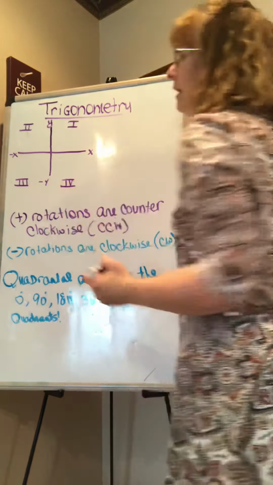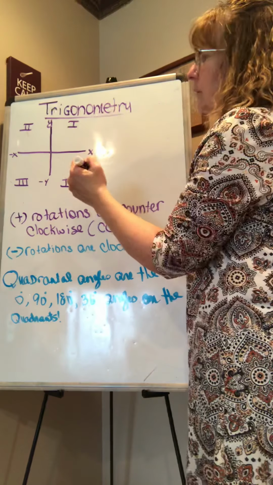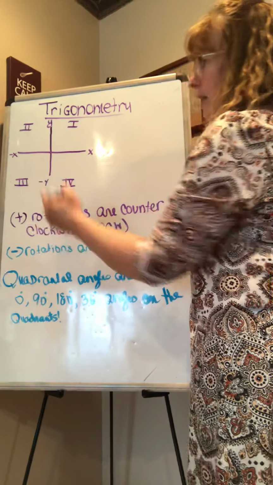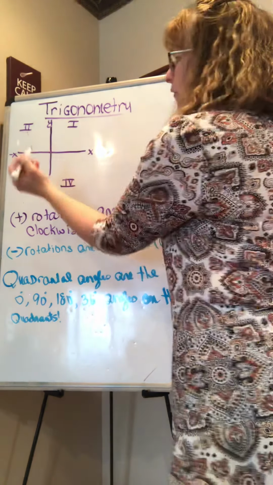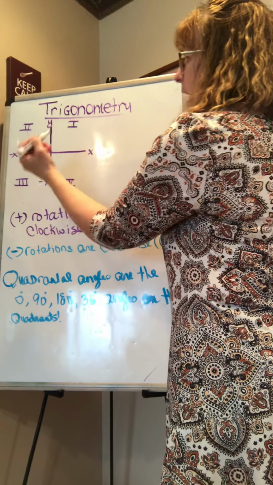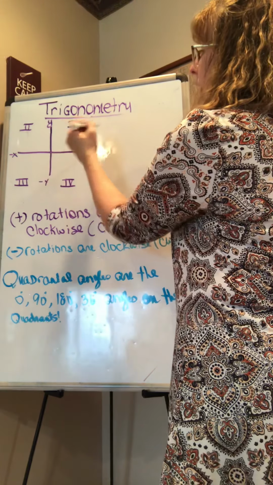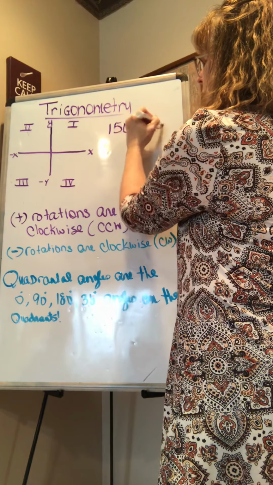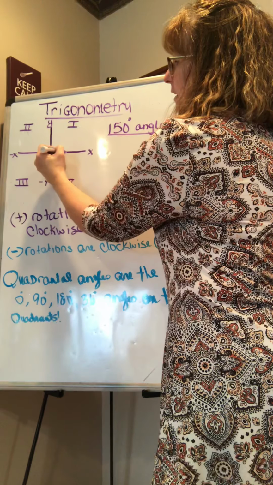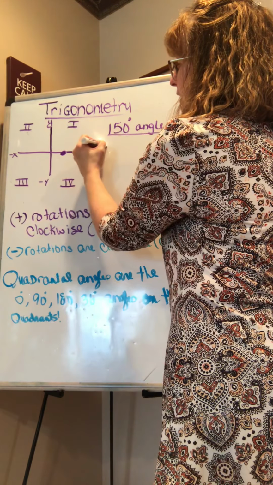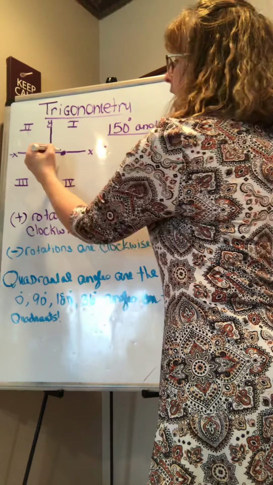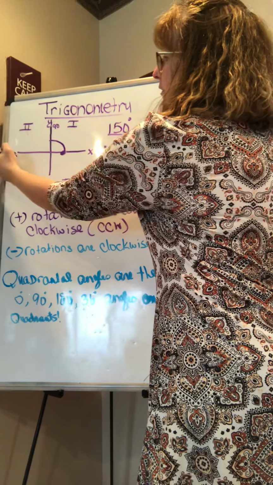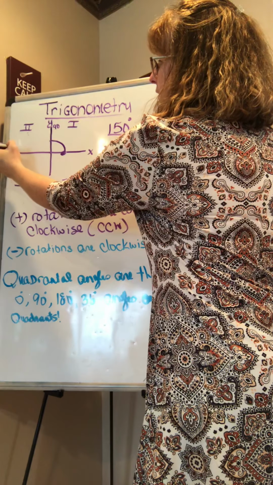The reason that we label our quadrants counterclockwise again is because positive rotations are counterclockwise. So if I wanted to draw a 150-degree angle, I would start here at the 0 degrees in standard position. 150 goes beyond the 90 degrees, but it doesn't quite hit the 180 degrees.